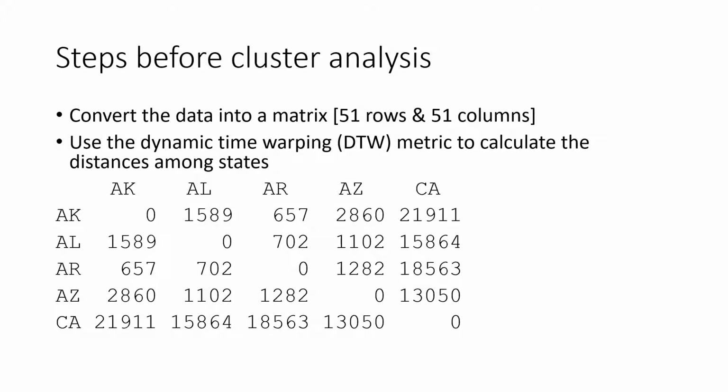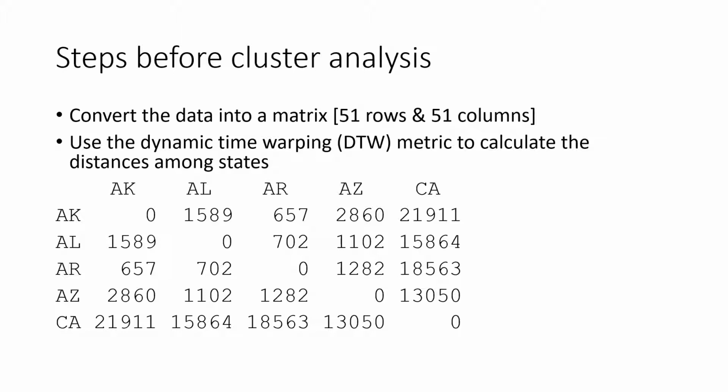We have to do two things before we can proceed to spatial-temporal cluster analysis. First, we have to convert the data into a matrix form, like the one you just saw. After that, we calculate the distances among the different observations, states in this case, using the dynamic time warping metric.